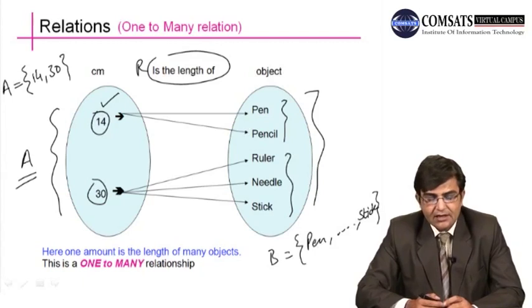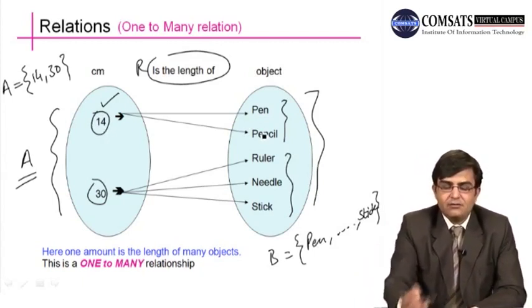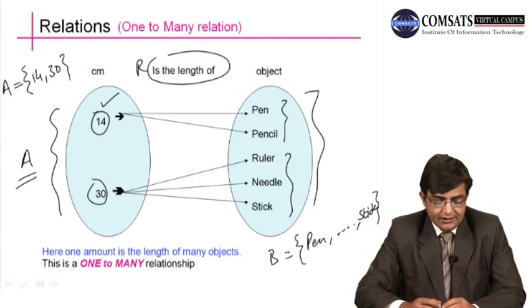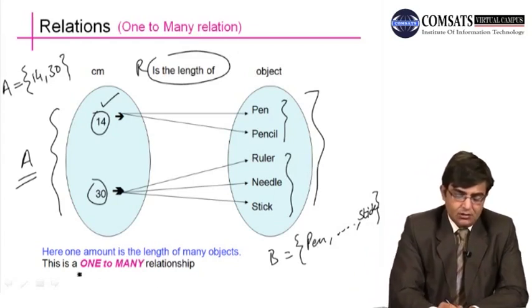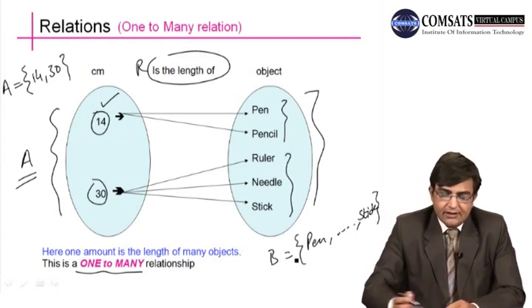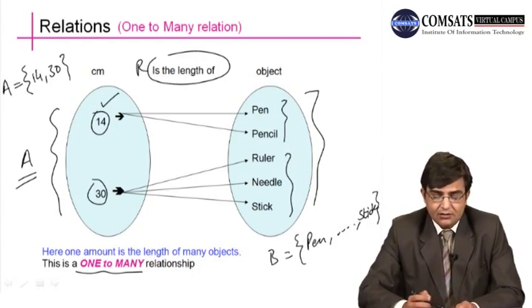Now you can see that one element of the first set is related to many elements of the second set, but the reverse is not true. So such type of relations are called one-to-many relations. We can also define the Cartesian product of A and B, and we can see that this R, which is a relation between A and B, is a subset of A cross B.